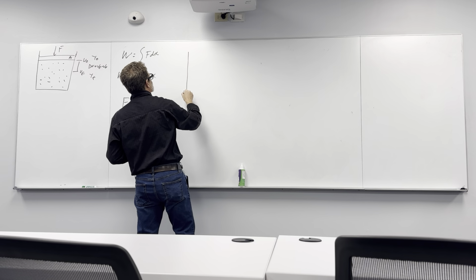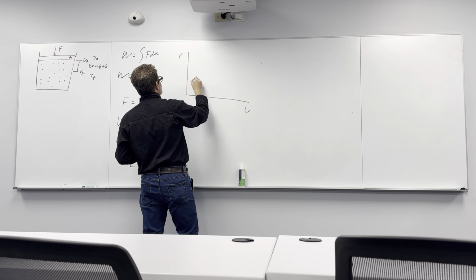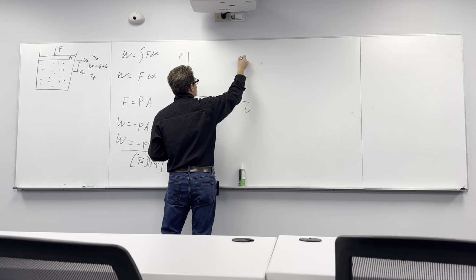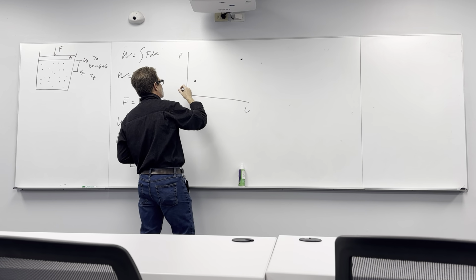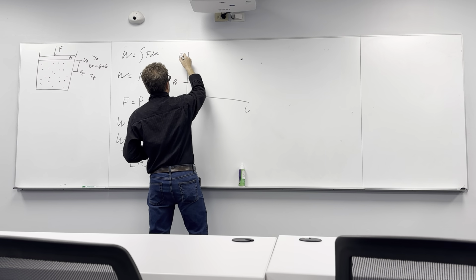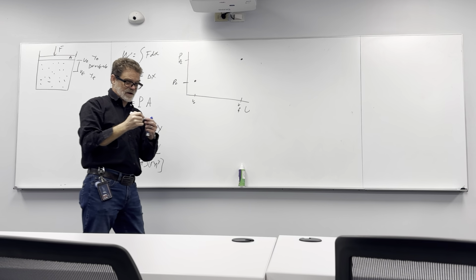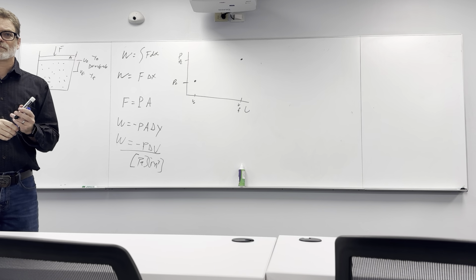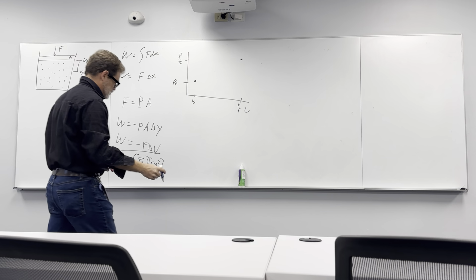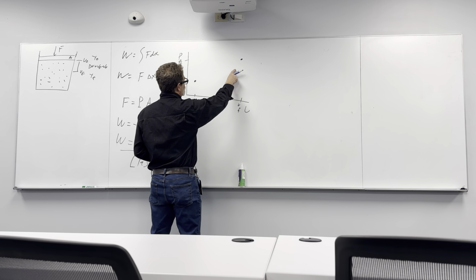Here's my P and V. And I'm going to start here and go here. So this is P naught, V naught, T final, V final. Okay? And let's say we go from here to here on this PV diagram.